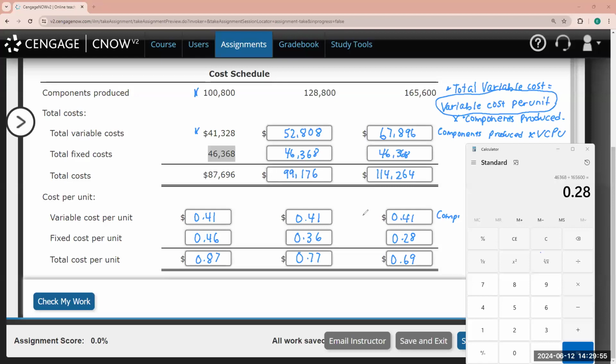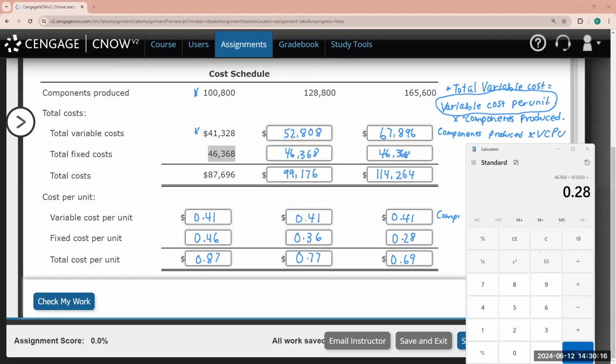All right, so that's just a key thing to keep in mind. Our total variable cost is our variable cost per unit multiplied by the components produced, and our fixed cost per unit is our total fixed cost divided by our components produced.